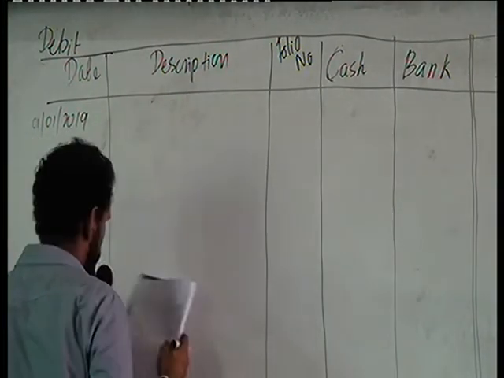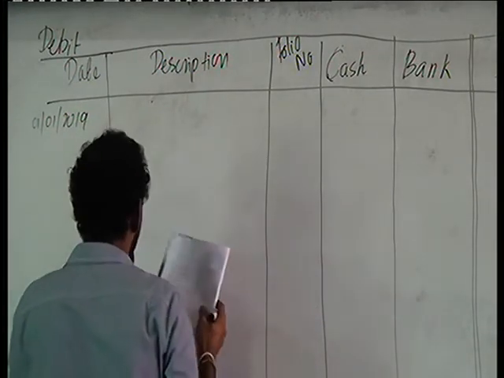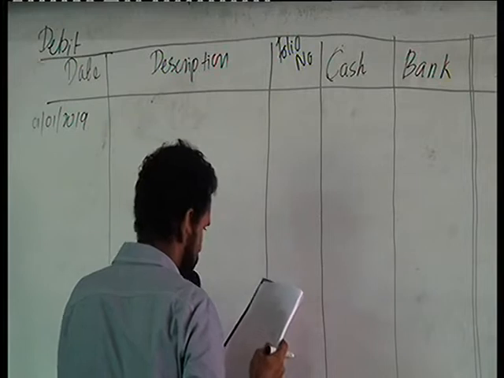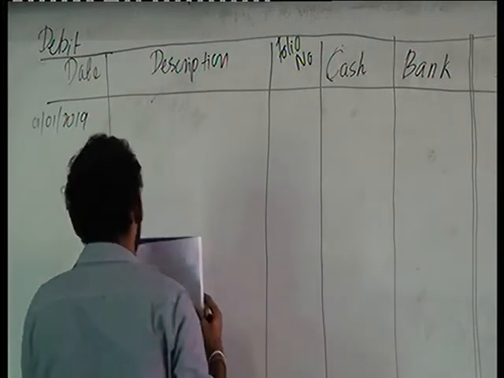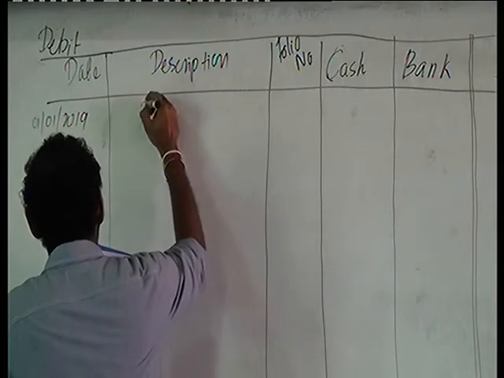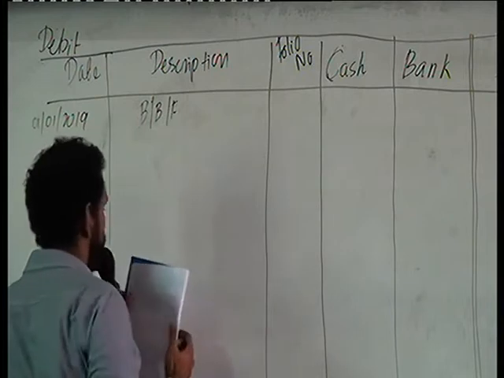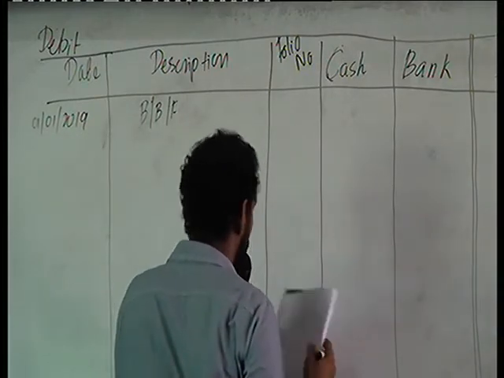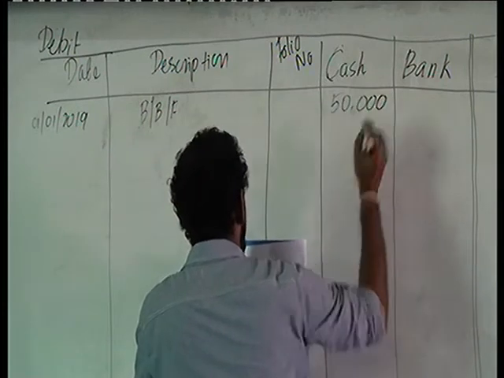They have started on the 1st January 2019, and this is what the owner has introduced. Cash balance of Mr. A's business as at 1st January 2019 was 50,000. So balance brought forward, cash balance as at 1st January 2019 was 50,000. So it's a debit balance of 50,000.